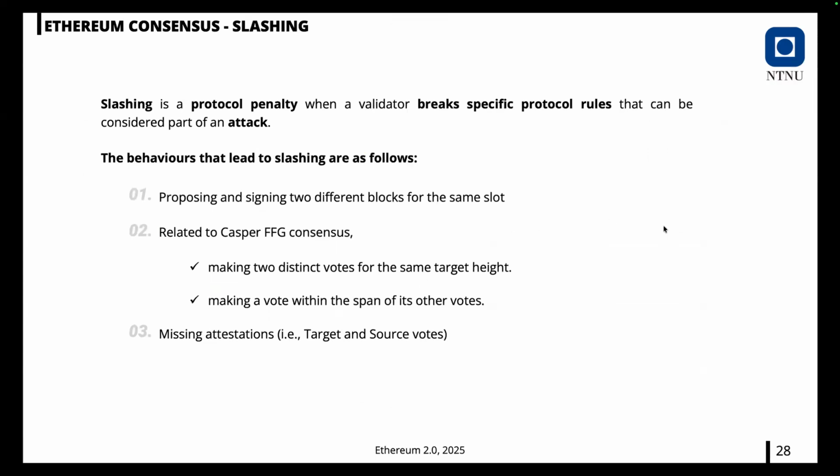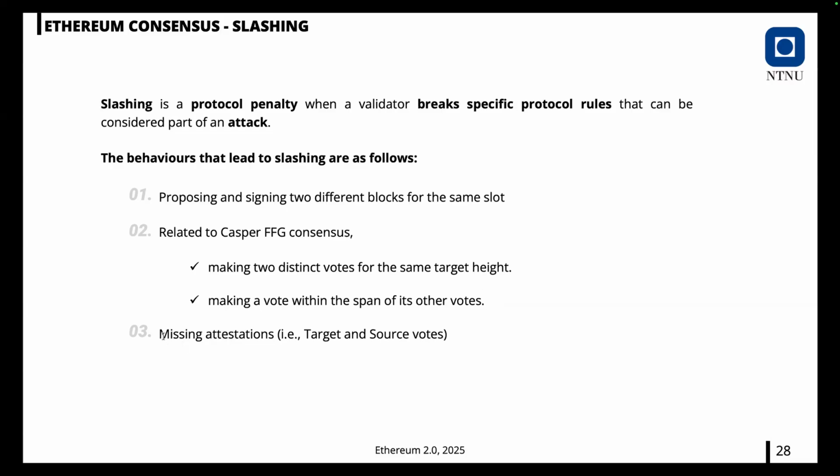And then there is this slashing. So slashing means you did something illegal, or you were in the pool of validators, but your node was not available to do validations for a certain period of time. So then you get a punishment for being out of access, like you were not able to answer queries.